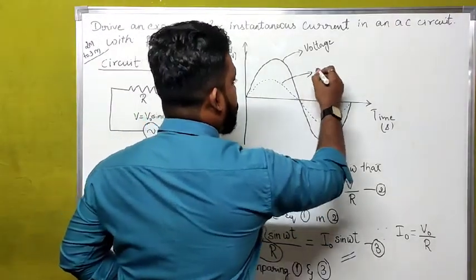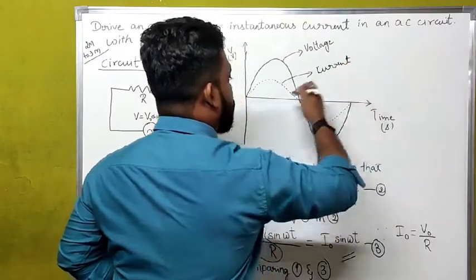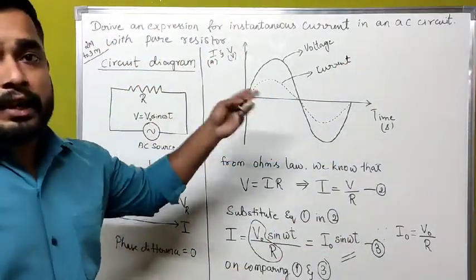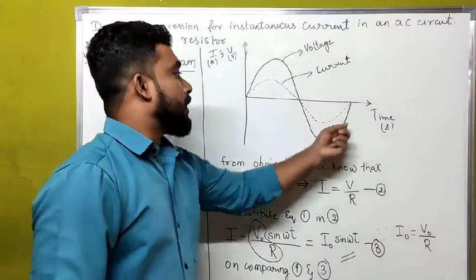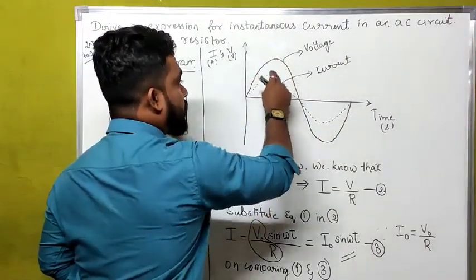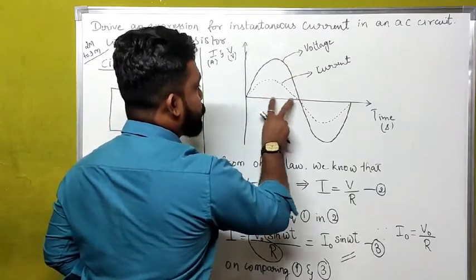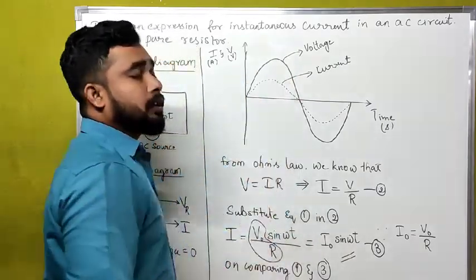This is for current. The dotted line is the current waveform and the solid line is the voltage waveform. Both current and voltage are in phase. Look at this, there is no phase difference between these two.